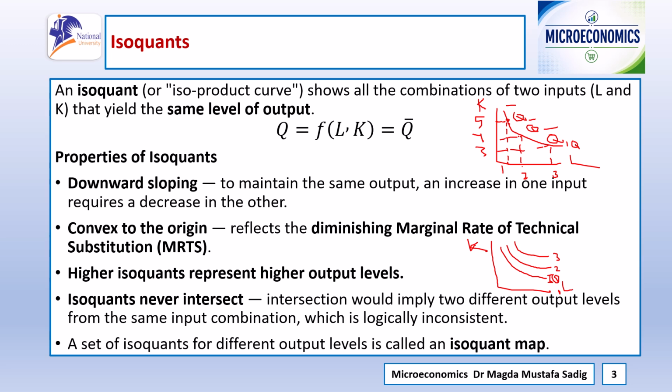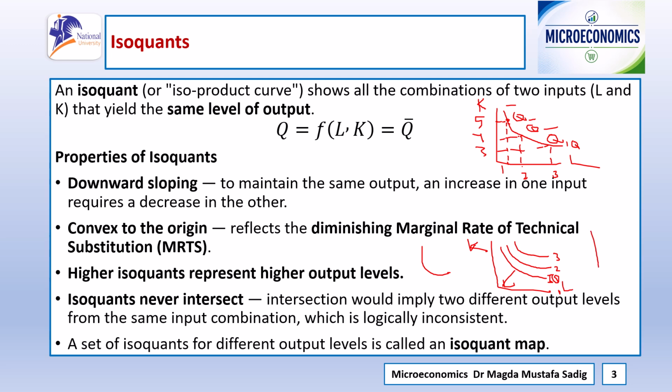So isoquant 2 will give you more output than isoquant 1, and isoquant 3 will give more than isoquant 2. They are convex to the origin. This is the origin point, so they are convex. Convex is like this, okay? And downward sloping, like this.